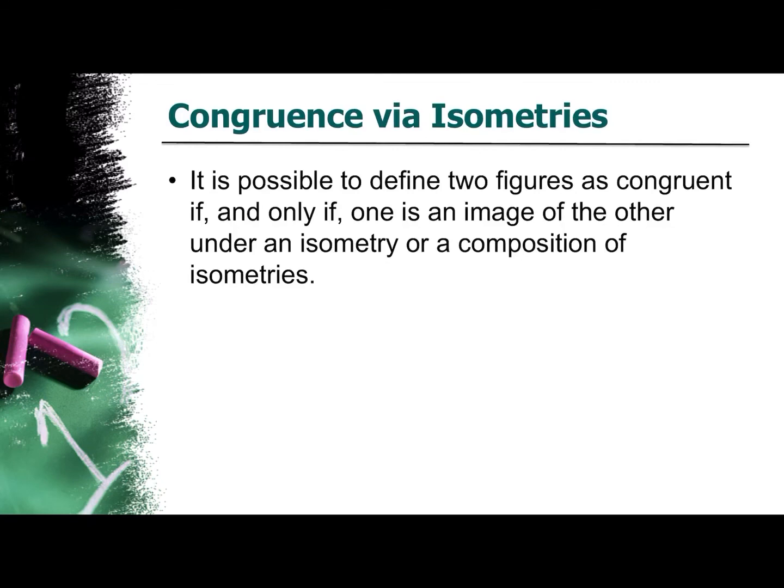And if they are congruent, then there is a way to do a combination of these isometries to get one onto the other. And so there were basically three, right? The translation, the rotation, and the reflection. And by using some combination of them, we can get any congruent figure onto some other congruent figure.